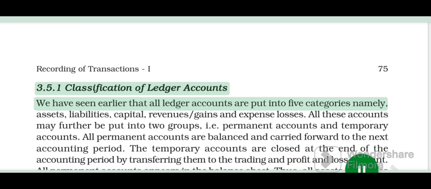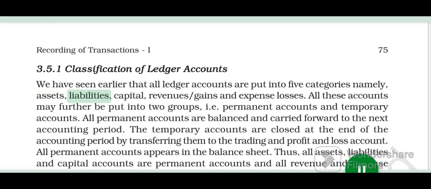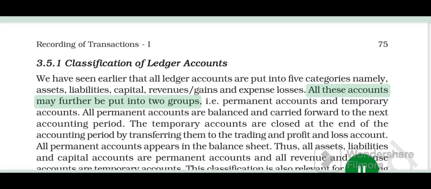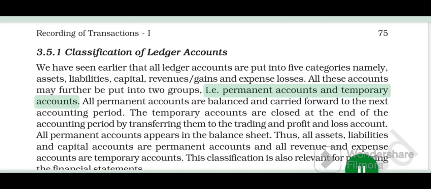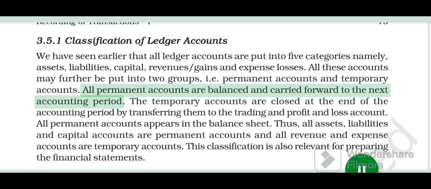3.5.1 Classification of ledger accounts. We have seen earlier that all ledger accounts are put into 5 categories, namely assets, liabilities, capital, revenues and gains, and expenses and losses. All these accounts may further be put into 2 groups, i.e. permanent accounts and temporary accounts. All permanent accounts are balanced and carried forward to the next accounting period.